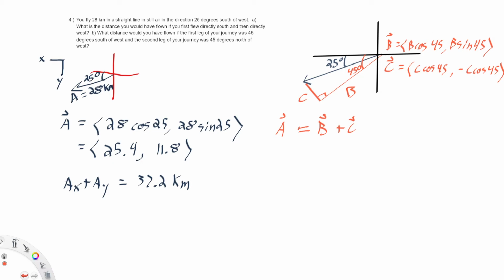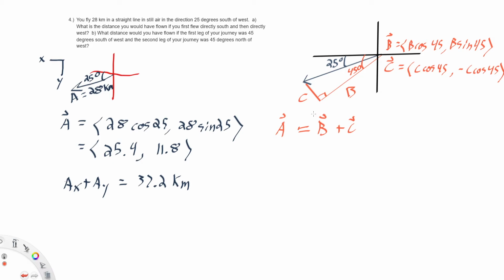So with this broken down, for this vector equation in orange to be correct, we need the x parts on the left-hand side to equal the x parts on the right-hand side, and the y parts also have to be equal.